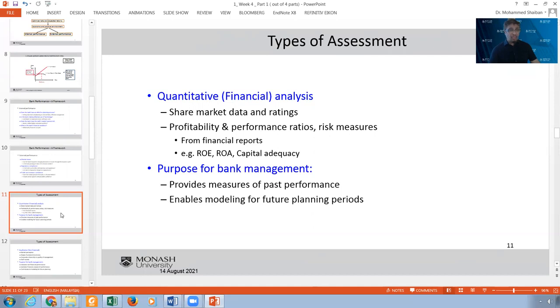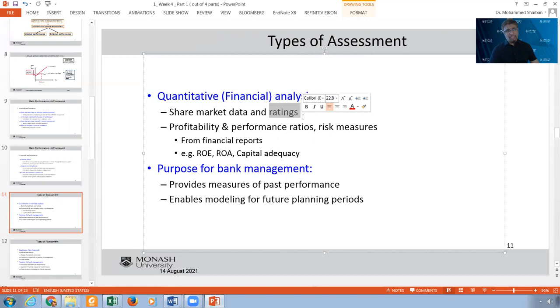That includes share market data and ratings. Rating agencies also make quantitative measures about us. Of course, they don't say you are 5 or 6 or 7.